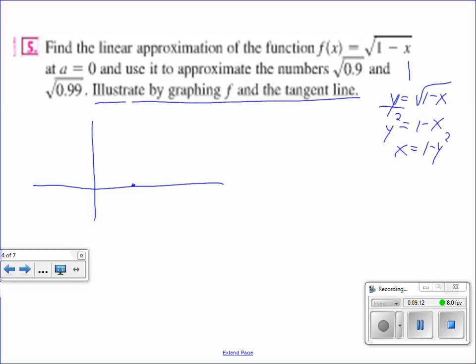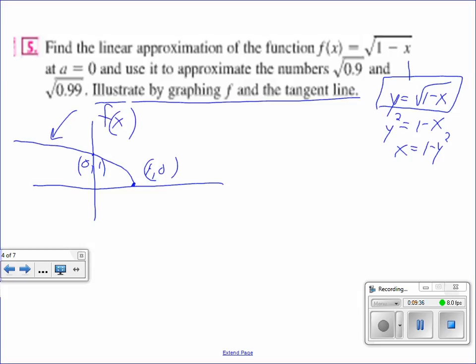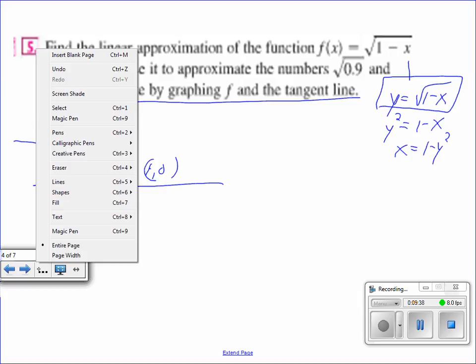Notice y is always positive in this case, so this function looks like this. Does this make sense? At x equal to 1, 1 minus 1 is 0, and at 0, it should be 1. Okay, what is this function here? This is f of x. Okay, what do they want to know? Well, they want me to get this tangent line.